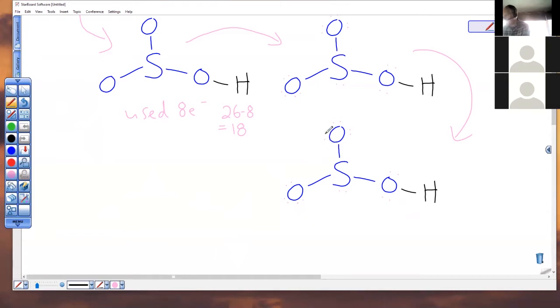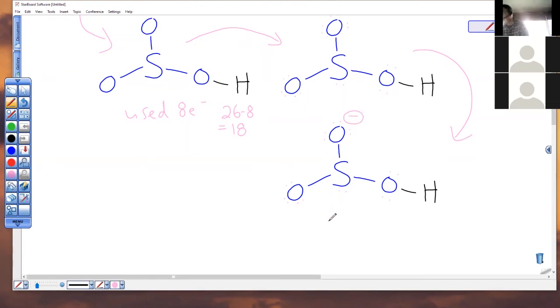It owns each electron in the lone pairs, so 2, 4, 6, and it shares these 2, which is similar to owning 1. Sharing 2 electrons is like you own 1. So it owns 7 electrons. 6 plus 1 is 7. That oxygen has an anionic formal charge of -1. My personal preference is to circle those formal charges.